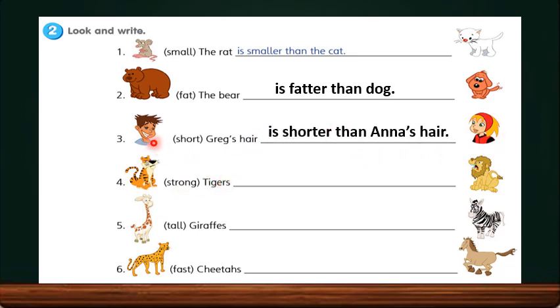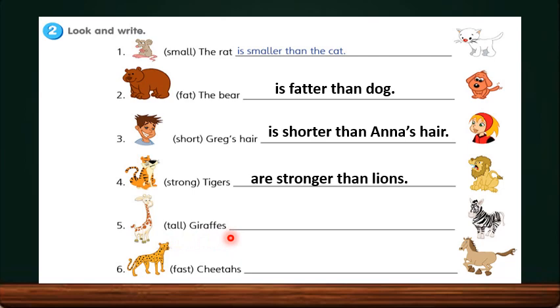Question 4. Tigers. And these are lions. And we compare both the animals by using the comparative adjective stronger. Tigers are stronger than lions. Question 5. Giraffes. And these are zebras.